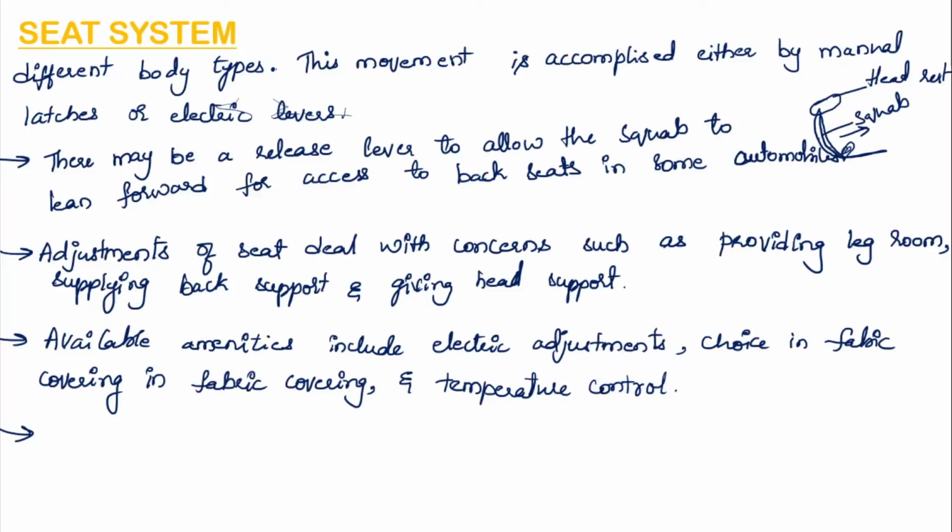It is connected to the top of the squab by two metal circular tube shafts. These two shafts are permanently attached to the head, and they connect the squab and the headrest.